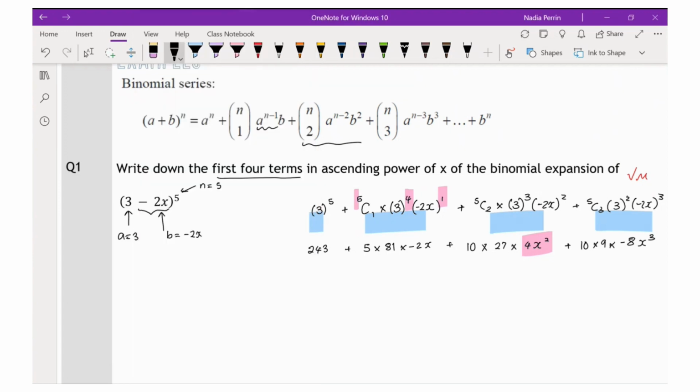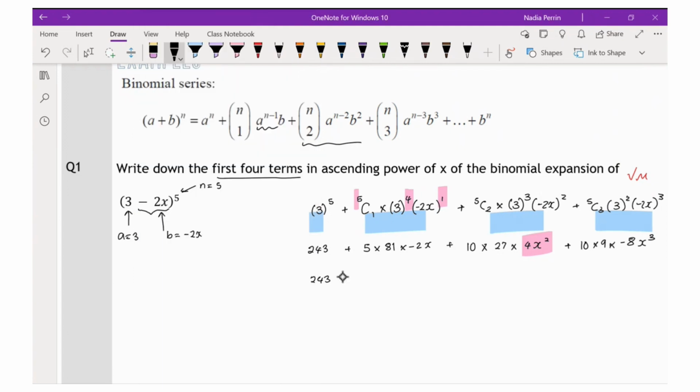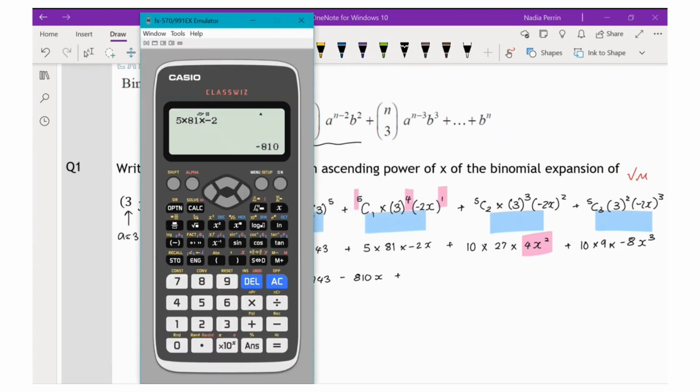And then you're just going to tidy that up. So we've got 243 here. We've got your 5 times your 81 times your negative 2. And you'll have your x in there. And then the next one is 10 times 27 times 4 this time.